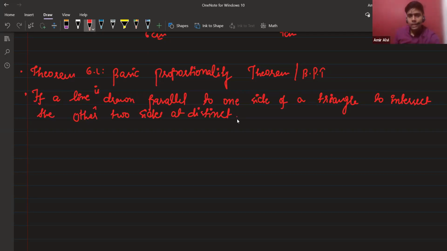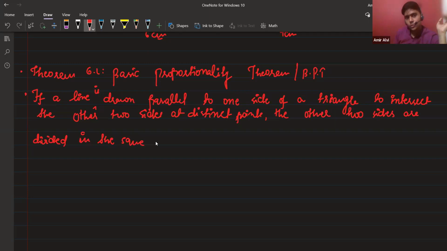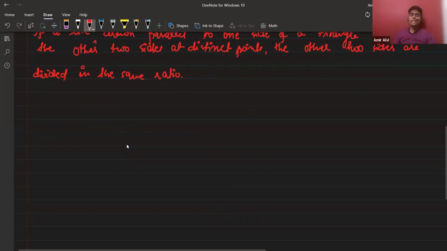Then the other two sides are divided in the same ratio. Clear? So basically, this is what the BPT says.